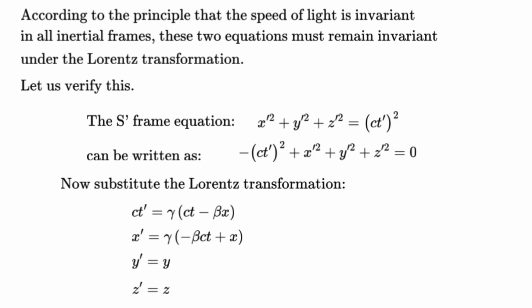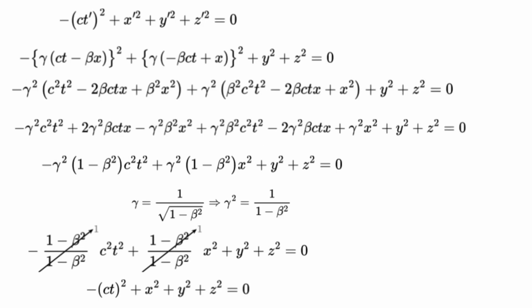According to the principle that the speed of light is invariant in all inertial frames, these two equations must remain invariant under the Lorentz transformation. Let us verify this. The S prime frame equation can be written as follows. Now substitute the Lorentz transformation. This section involves calculation, so please pause the video and work through it at your own pace.